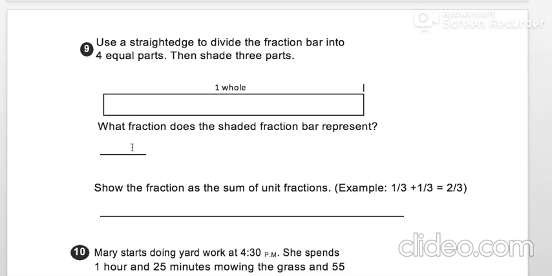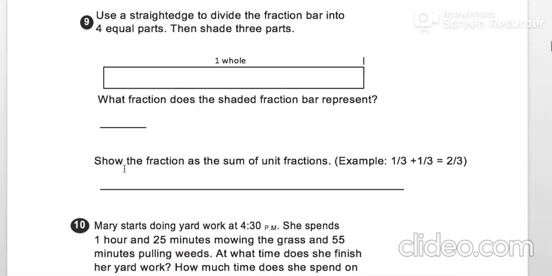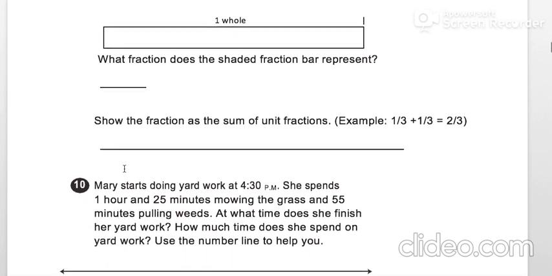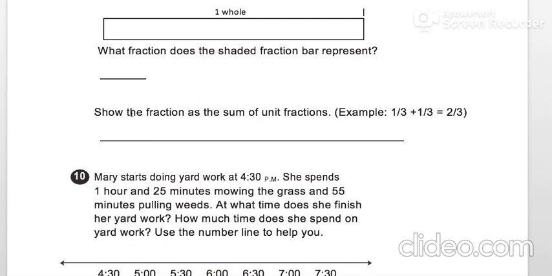Then on this line, you are going to tell me what fraction the fraction bar represents. So it's going to be written as a number over a different number. Blank over blank. Then you're going to show the fraction as a sum of unit fractions. We also did this in class.